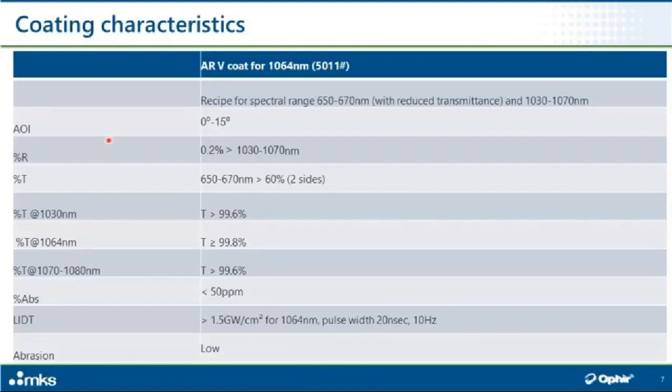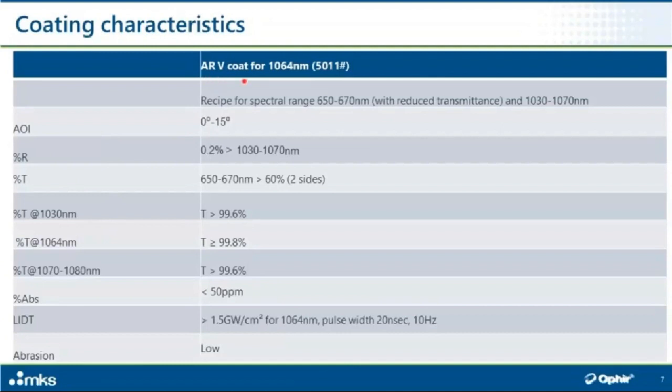On this slide, we see the specification of one of our coatings. It is an AR, which means anti-reflection coating. V-coat means that the coating has a specific wavelength in which its performance is optimal.